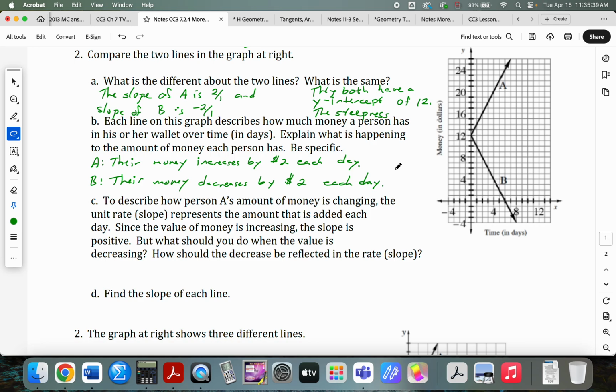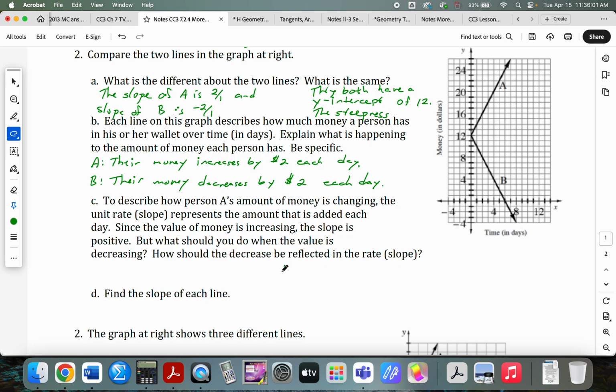So to describe how person A's money is changing, the unit rate, the slope, represents the amount that is added each day. Since the money is increasing, the slope is positive. But what should you do when the value is decreasing? How should the decrease be reflected in the rate? Negative.